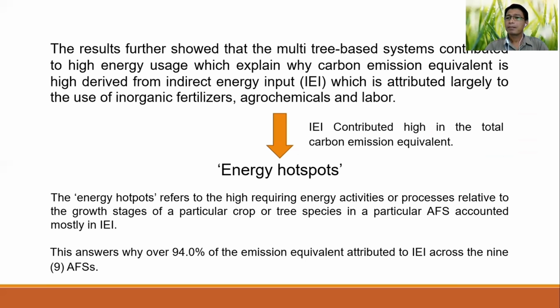The high carbon emission equivalents was directly attributed to high usage of farm inputs such as inorganic fertilizers, particularly nitrogen fertilizer, herbicides, and labor, or we call this the energy hotspots, which explain the increase in carbon footprints.